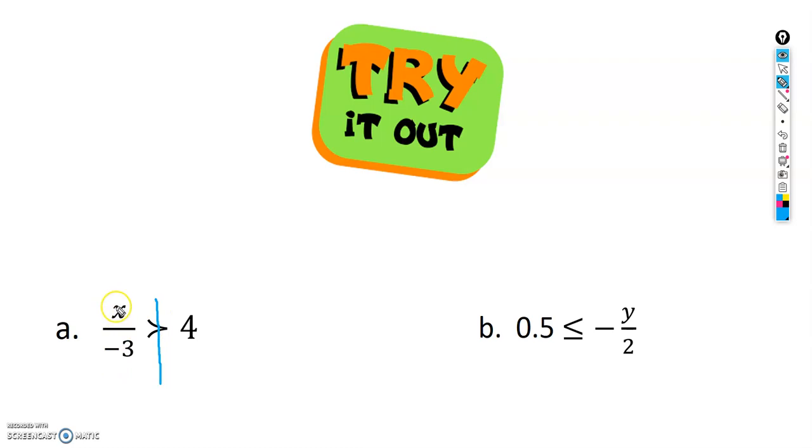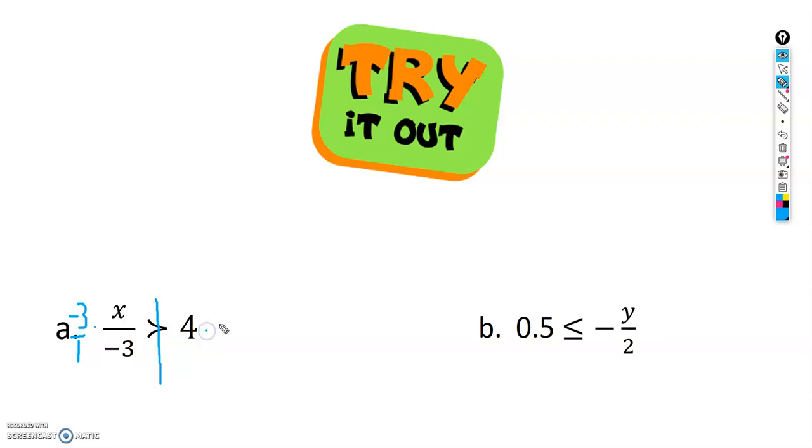I'm going to remember that x over negative 3 is the same as negative 1/3 x. So this is just a fraction. I'm going to multiply by the reciprocal, times negative 3. And because I took such good notes on the other page, I know that if I am multiplying by a negative, my inequality symbol is going to flip.